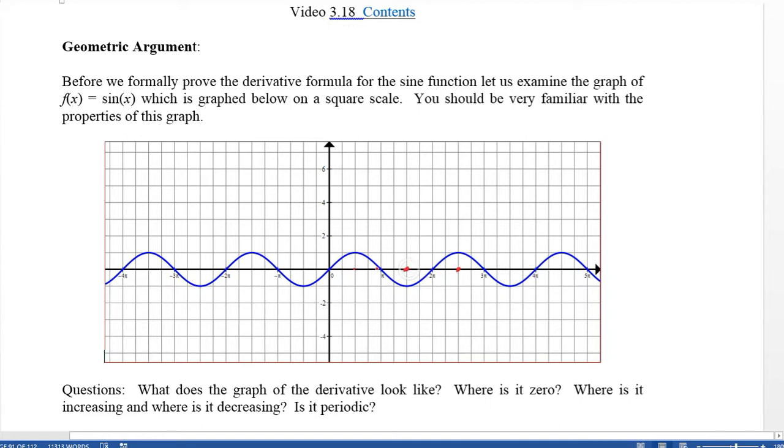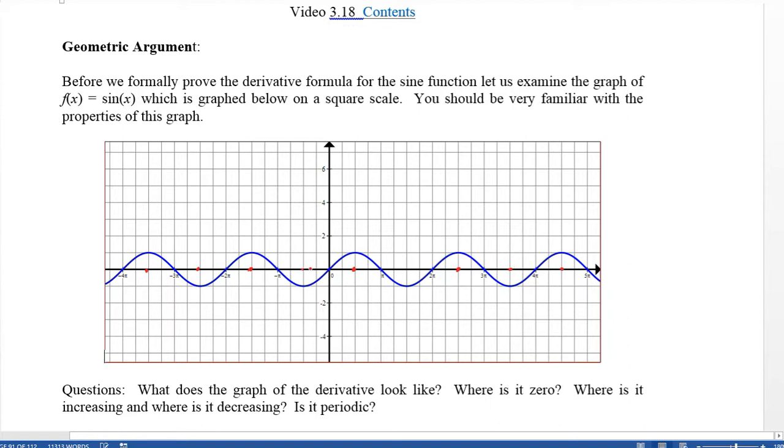So the derivative is 0 at all of these places here, which turn out to be halfway in between the multiples of pi. So at pi over 2, 3 pi over 2, 5 pi over 2, odd multiples of pi over 2, and so forth.